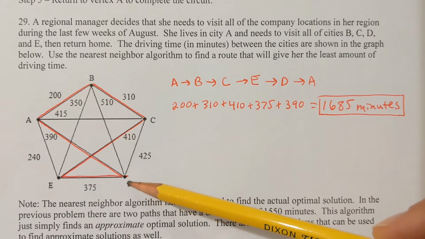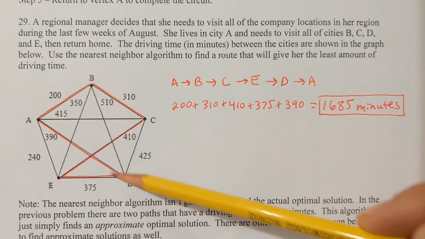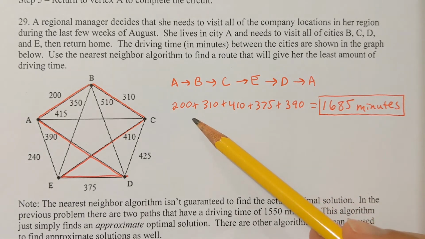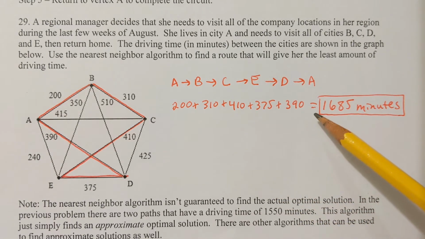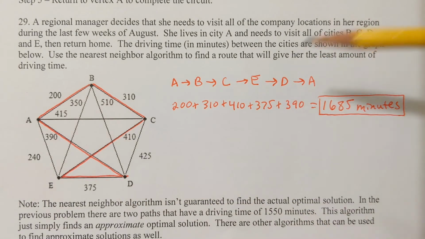Because D is the only place that I haven't been to. So I'm going to have to go to D and then back to A. I've got the weights of all that written down there. So the driving time that she would have taken on this particular path would be 1,685 minutes total.